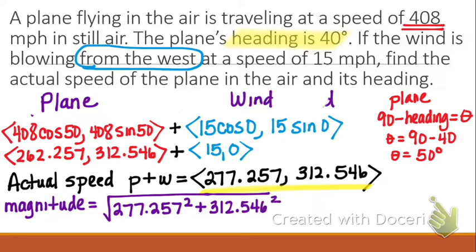So that's how you find your magnitude. Go ahead and type that in your calculator. So you're taking your horizontal component squared plus your vertical component squared. Take the square root.